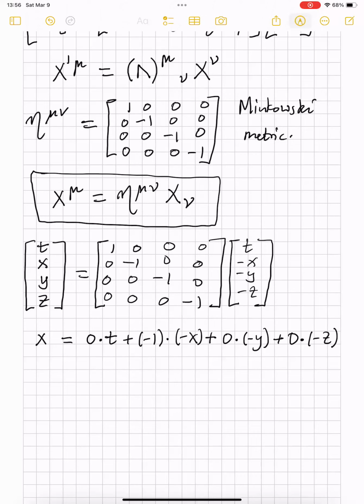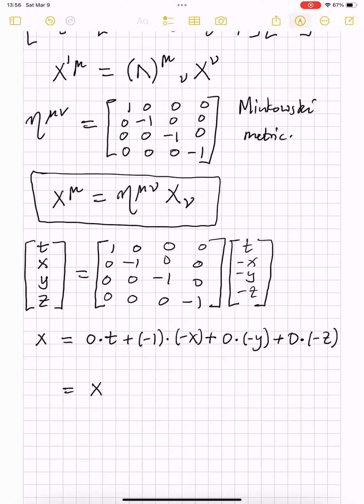And that nicely lands up giving us 0 times t is 0, minus 1 times minus x is x, 0 times minus y is 0, 0 times minus z is 0. 0 plus x plus 0 plus 0 is just x, so indeed this equation is correct.